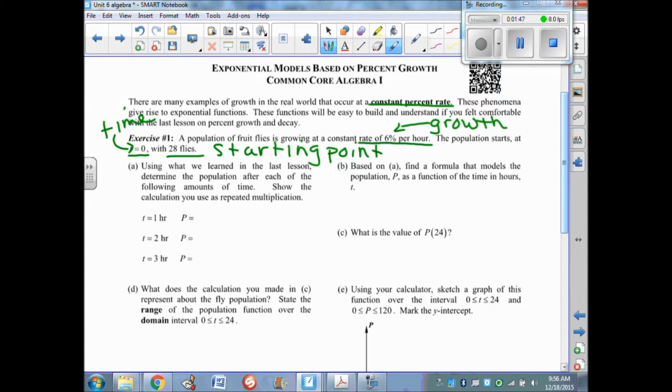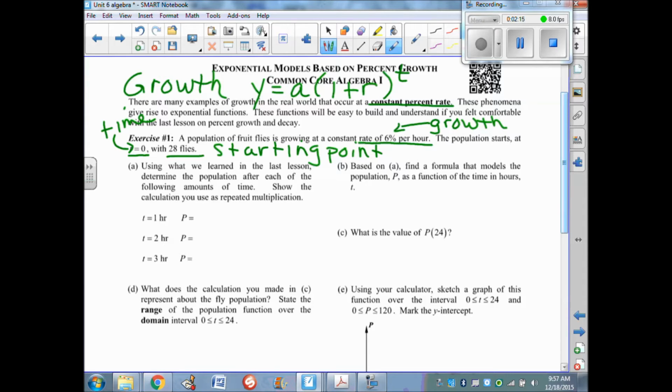So for exponential growth, it's going to look something like this. Y equals your initial amount, I'm going to call it A, that's what you start with. And then it's going to be 1 plus your rate, and that 1 is that 100%. 1 plus your rate in terms of a decimal, raised to some time t.